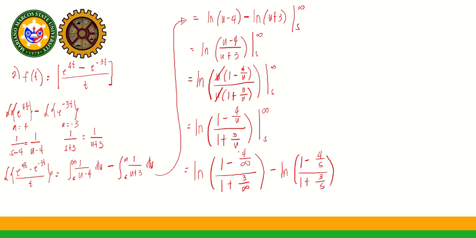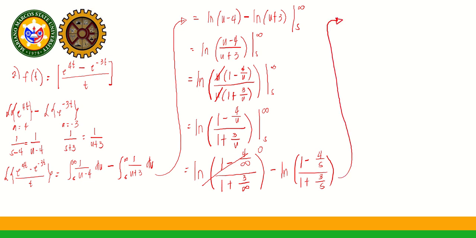We all know that 4 over infinity is 0 as well as 3 over infinity is 0. So 1 minus 0 is 1. 1 plus 0 is 1. So ln of 1 is equal to 0. And we are left with this equation.